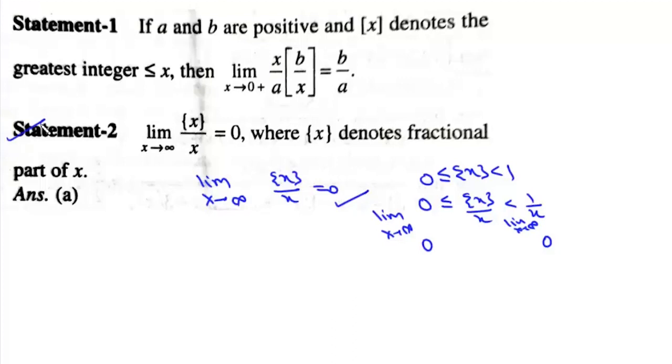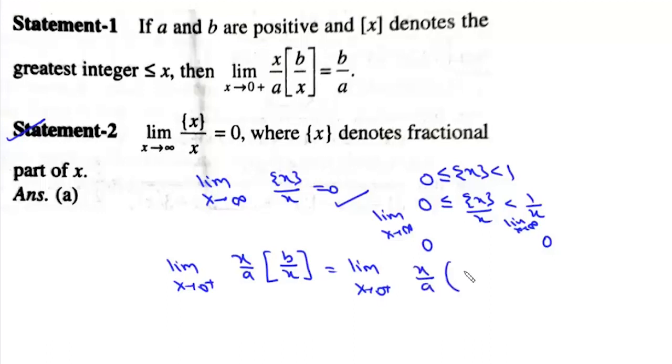Now if we look at statement 1, then we are supposed to find this limit x tends to 0 positive x upon a times the greatest integer function of b by x. Now we can write this as limit x tends to 0 positive, this is x by a, and we can write b by x minus fractional part of b by x.